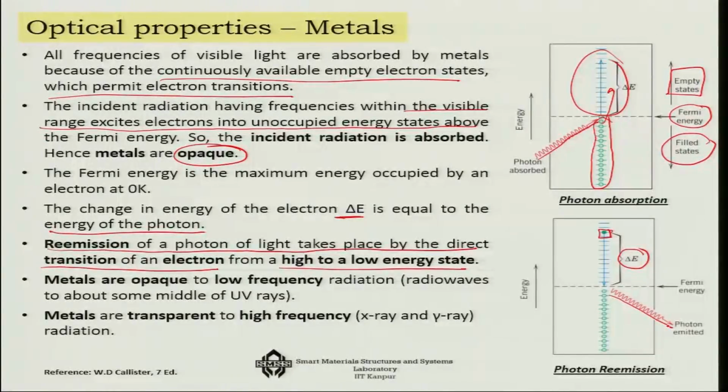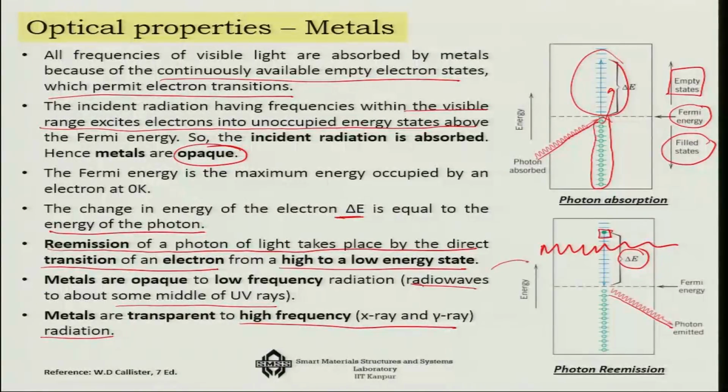Metals are opaque to low frequency radiation, for example radio waves, up to about the middle of the UV range, but they are transparent to high frequency radiation. High frequency radiations, these sources of photons, they do not absorb, so those high frequency waves can actually pass through.